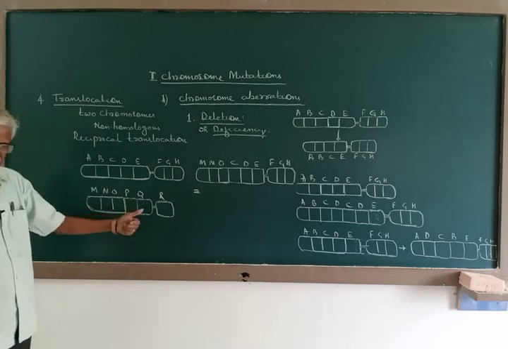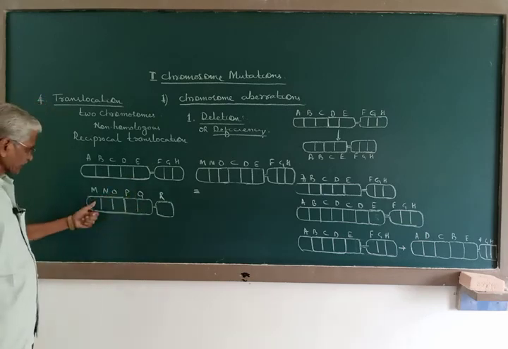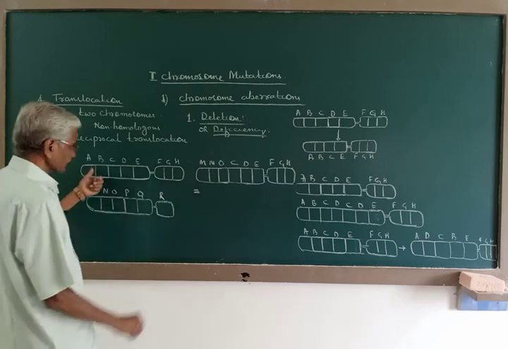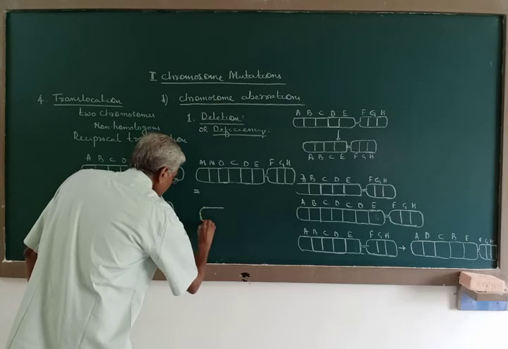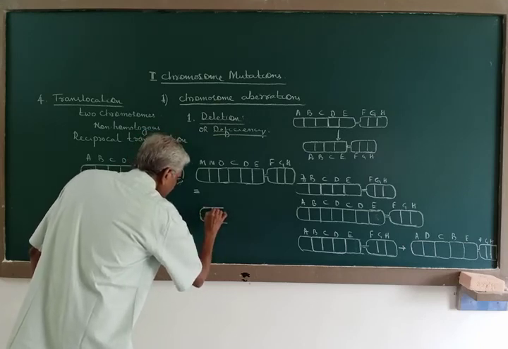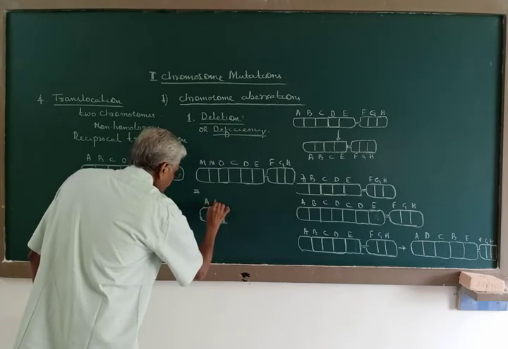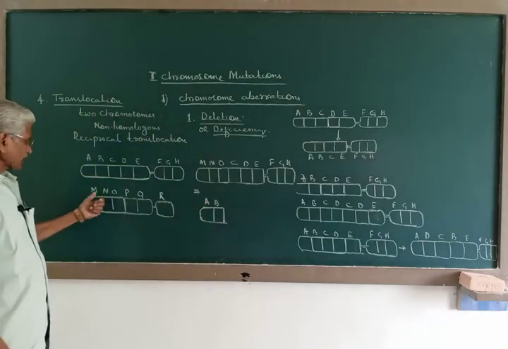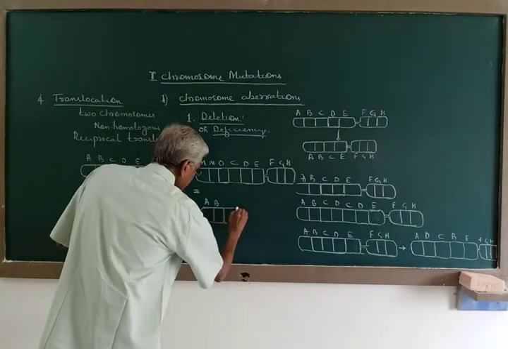Now what about the other non-homologous chromosome after this reciprocal interchange? In place of M and O, you will have A and B. So in place of M and O, there will be AB and the rest will remain the same.